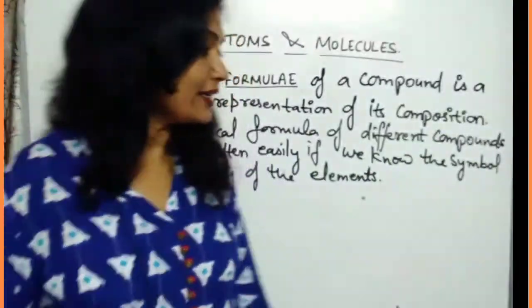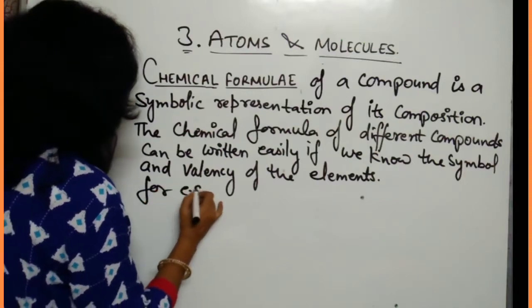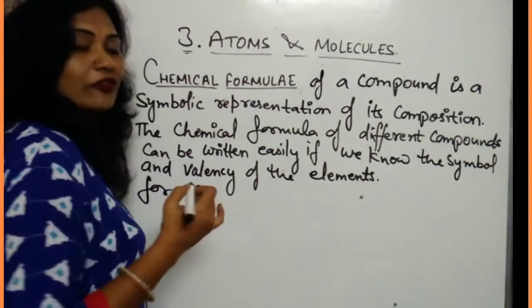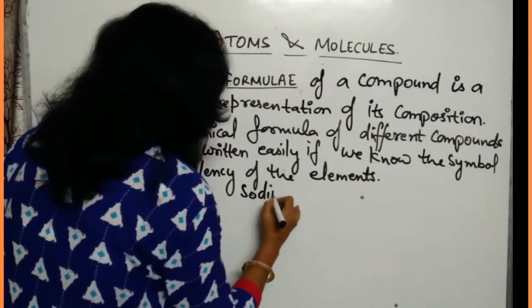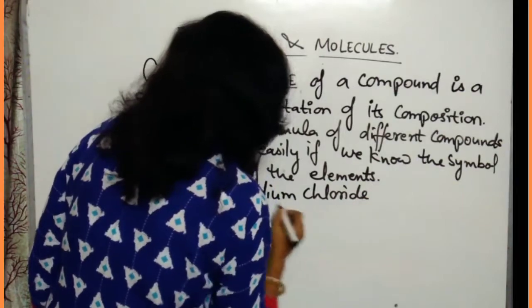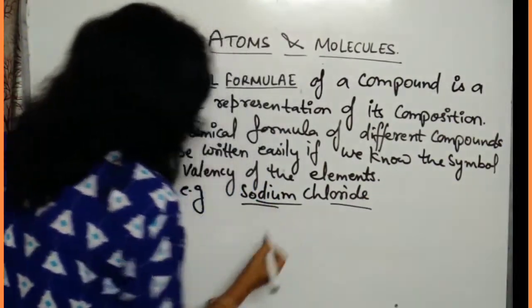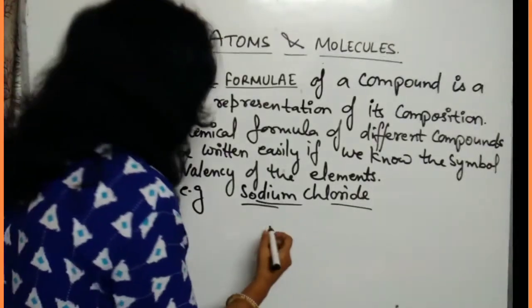So let us write how. For example, we can write the formula of sodium chloride. How can you write sodium chloride? First we'll write the symbol of sodium. What is the symbol of sodium? Na.